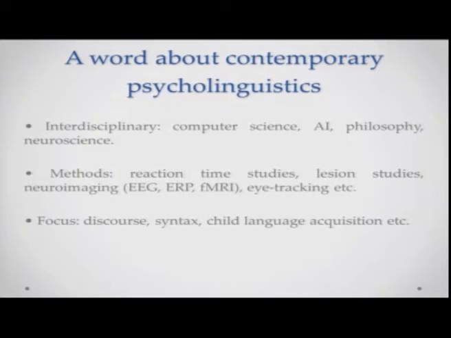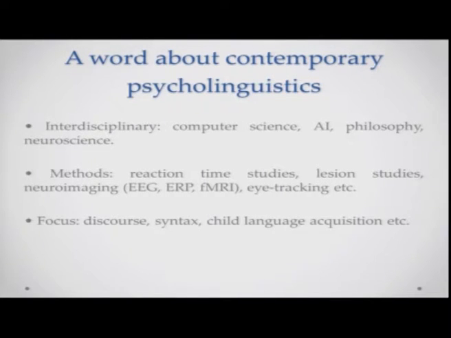The methods these people are using are also varied. For example, they are using reaction time studies, lesion studies when somebody's brain is damaged, looking at what kind of language input he can comprehend or what kind of language output they can produce, and neuroimaging studies like EEG, ERP, fMRI, and eye tracking studies.